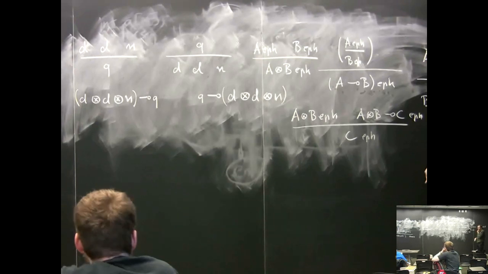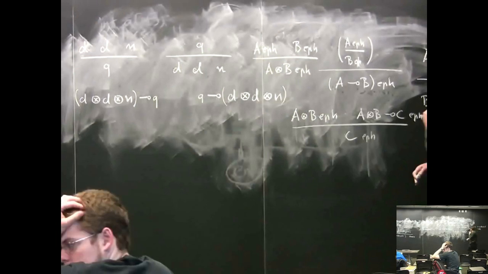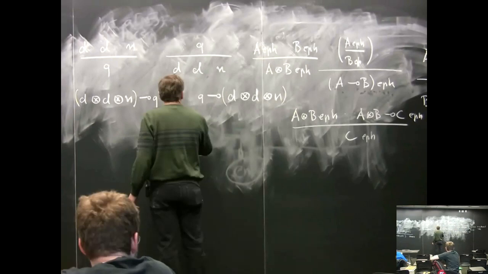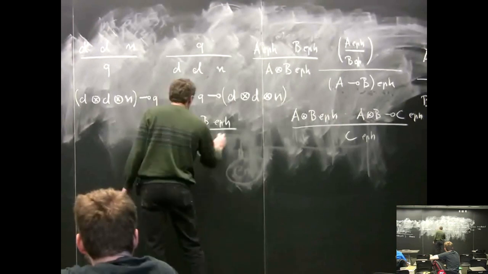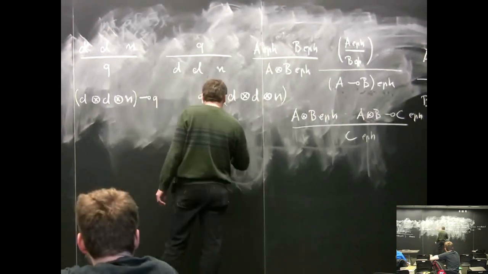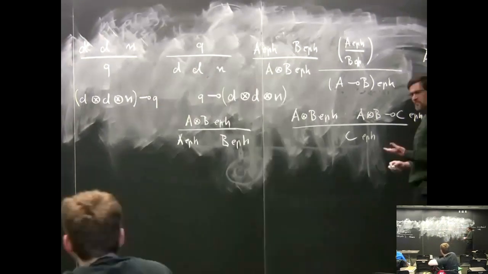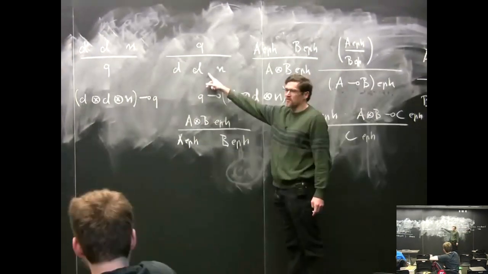Any ideas how else we might express it? Yeah? If you have A tensor B, and you have A, and you have B. Like this? Okay, yeah, we just reverse the rule, right? Except, part of the reason we introduced the tensor notation is so we wouldn't have to have an inference rule with multiple conclusions.